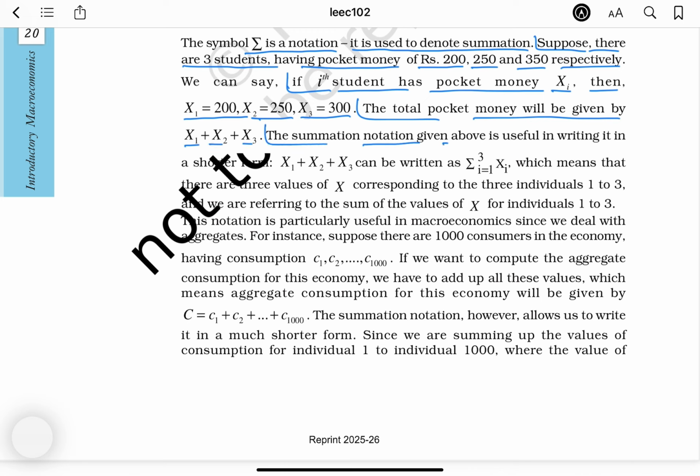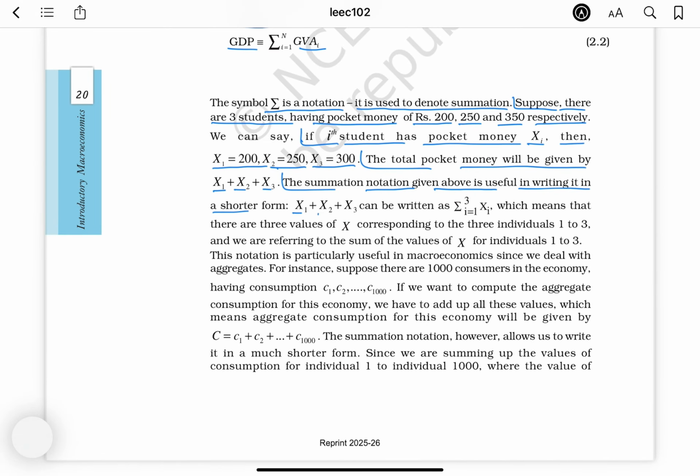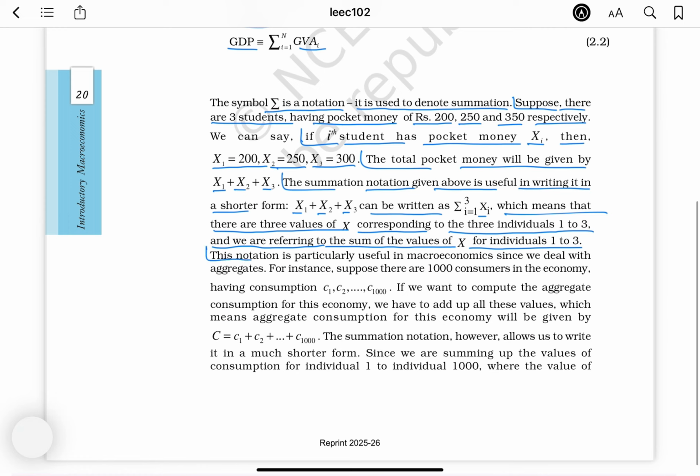The summation notation is useful in writing this in a shorter form. x1 plus x2 plus x3 can be written as sigma i equals 1 to 3 xi, which means that there are three values of x corresponding to the three individuals 1 to 3, and we are referring to the sum of the values of x for individuals 1 to 3.